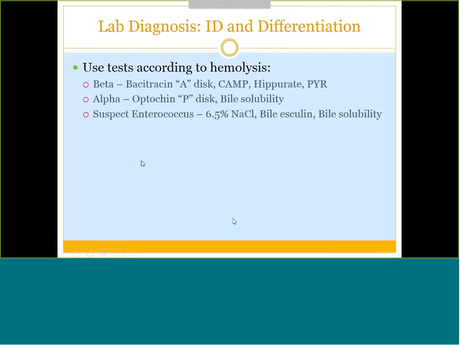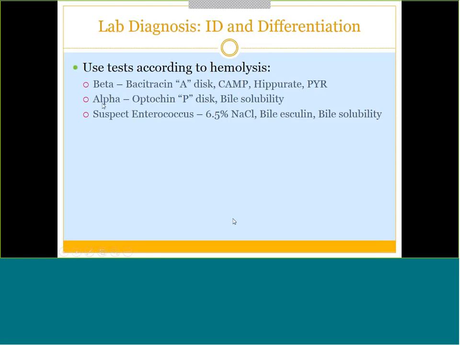Okay, so again, I said the whole flow chart process for streps will depend on the hemolysis. So once you see it's gram-positive cocci, catalase negative, then you look at the hemolysis. If it's beta hemolytic, you are going to do a bacitracin A disc. And then depending on your lab, not all labs do everything, but you can do a CAMP test, a hippurate test, or a PYR test, or you can do all of them.